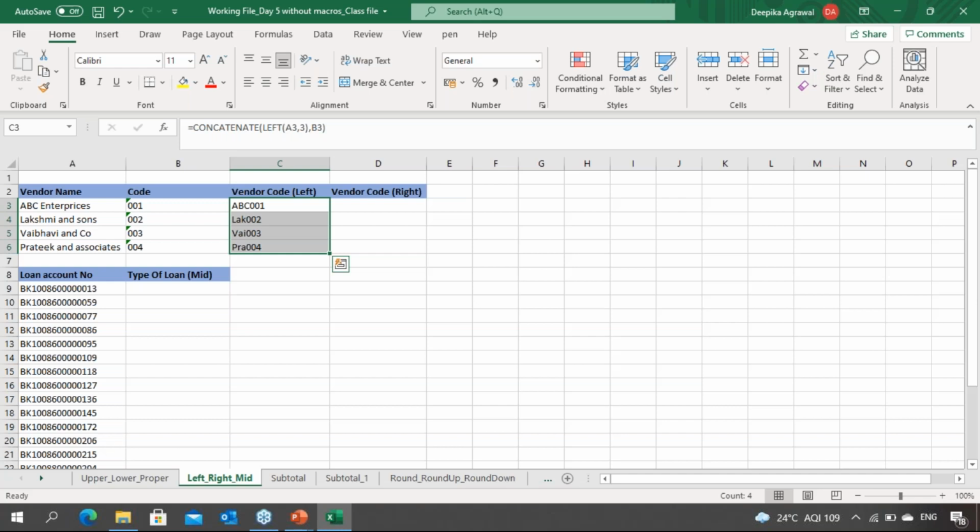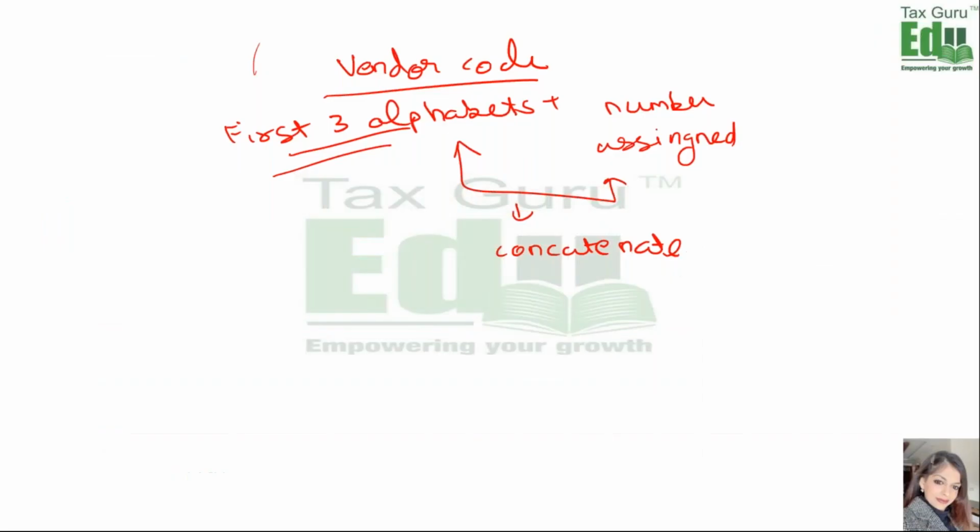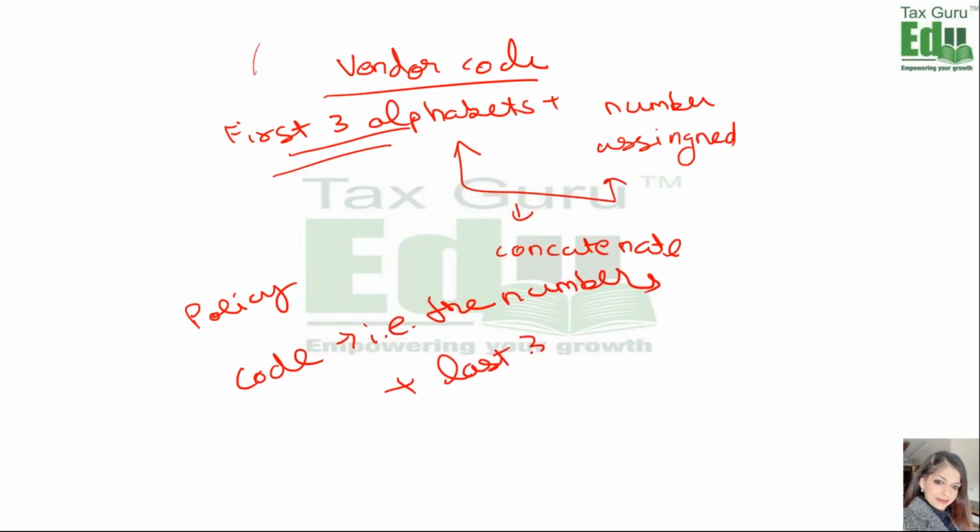So similarly, what I want you to do now is use the Right command, which is exactly the same command. There is no difference. Using the Right command, create a vendor code, and the policy of the organization is to write the code as follows. I'm just writing the policy: first you write the code, that is the numbers, and then plus the last 3 alphabets of the name.